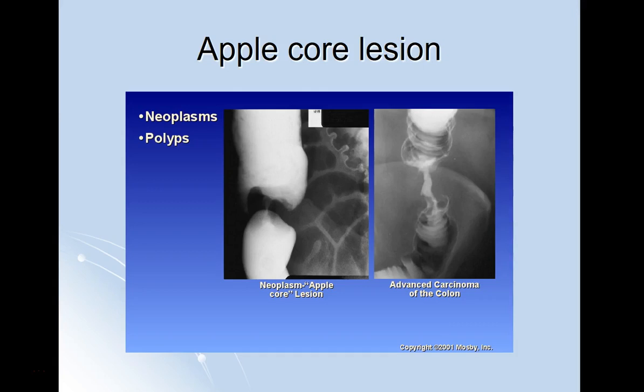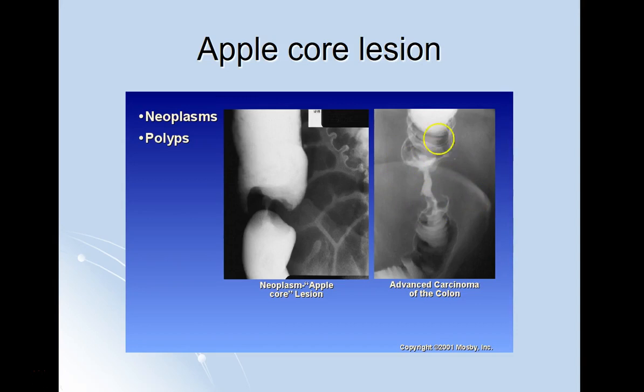Obviously, we're concerned about cancer if we have a new growth, but what happens in an apple core lesion is you have something here that is narrowing the lumen of the intestine, right? So you have normal intestine. Something is here causing this narrowing, and that's often concerning for a cancer.